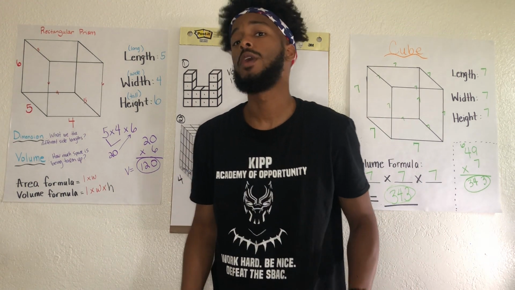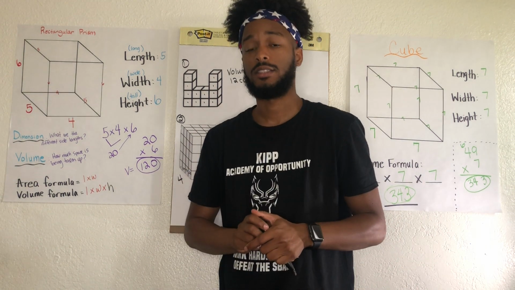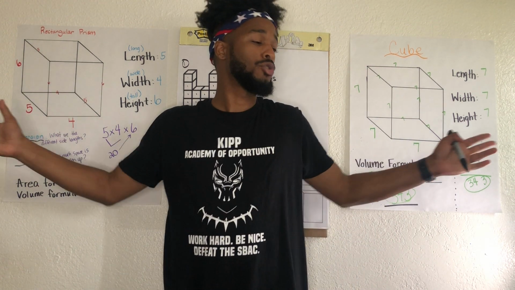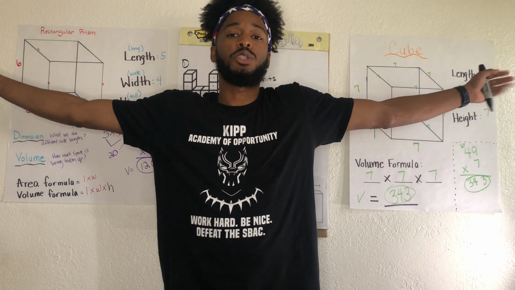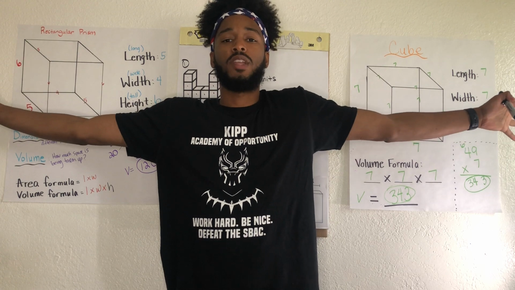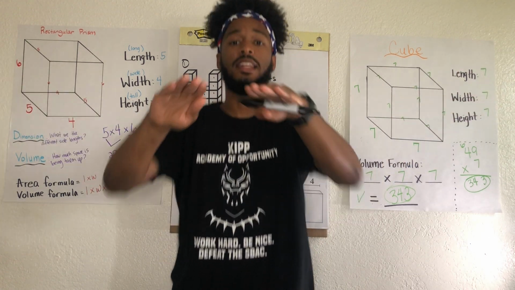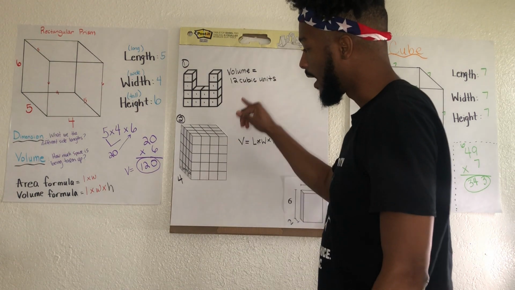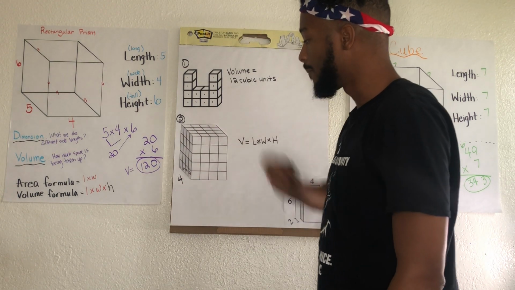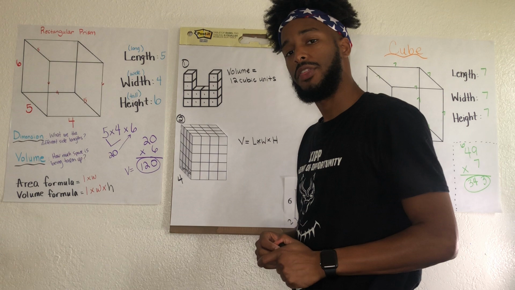Width. Remember, width tells us how wide something is. So width, if you stretch your arms out really, really wide, that tells you width. Everybody stretch them out. So we got length and width. So which side of this shape shows us width?